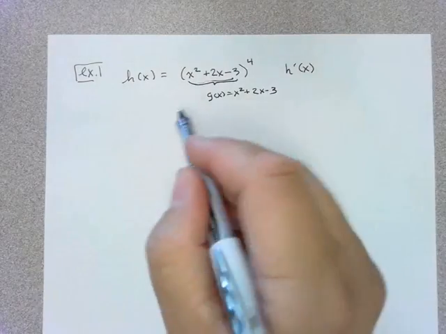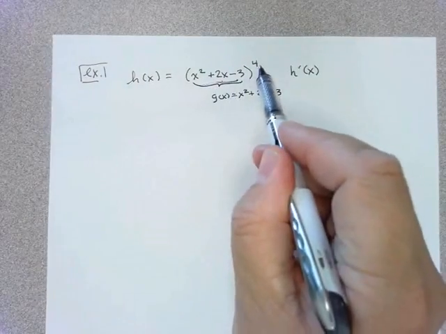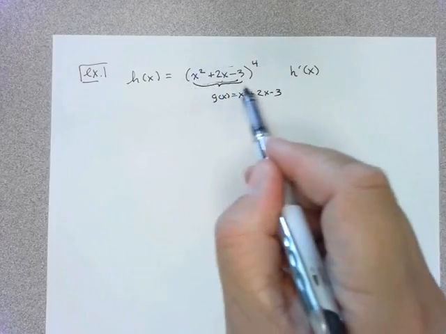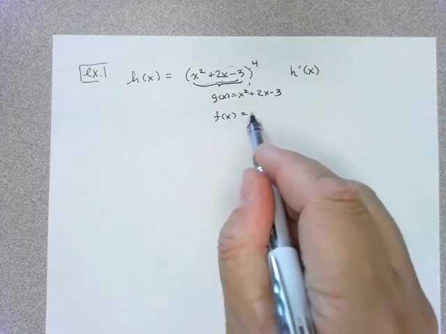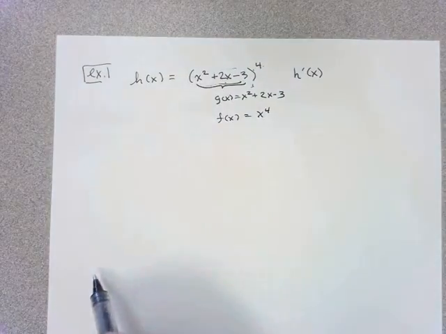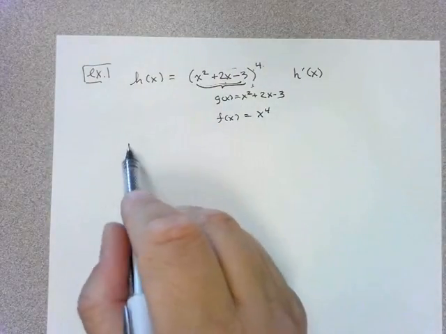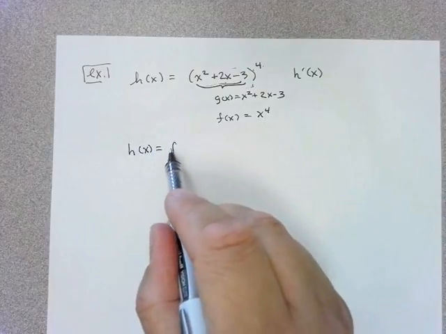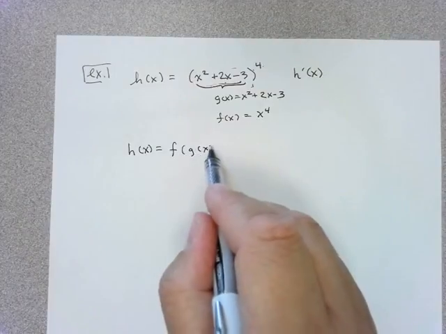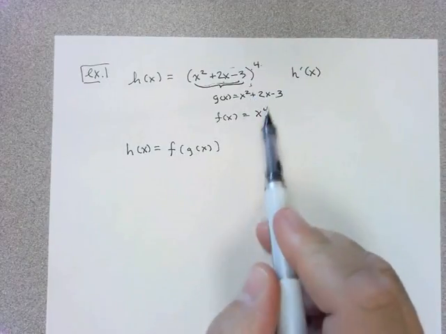And my outside function is what g of x is being plugged into. It's being plugged into something to the 4th power. And so f of x would be x to the 4th. And so if I write them out like this, then h of x is f of g of x. It's g of x plugged into that.